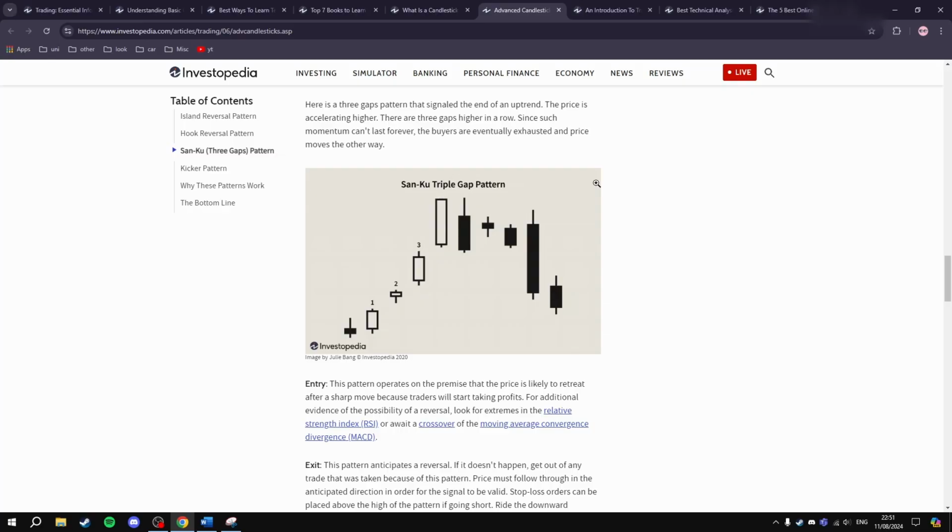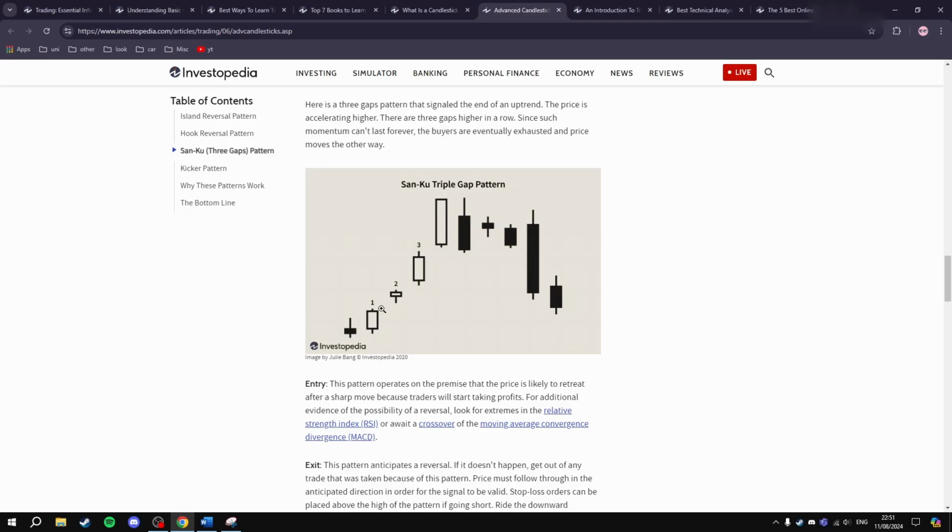Since such momentum can't last forever, the buyer is eventually exhausted and price moves the other way. Because it's a green candle, it closed above the opening price, so the closing price is here, the opening price is here. This candle shows the closing price is here, the opening price is here.